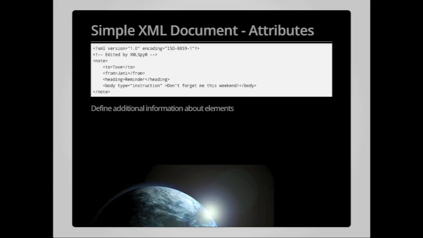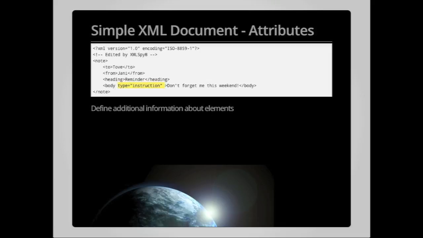This body element also has this name value pair where we have type equals instruction. This is called an XML attribute, and you can add attributes to elements inside the opening tag of those elements.